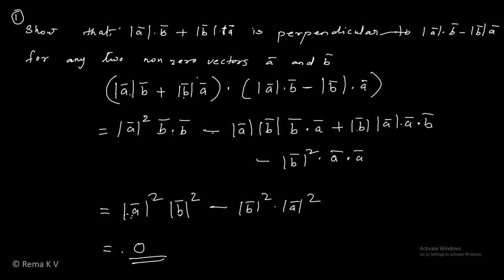Since the dot product is equal to 0, we can say that the given two vectors are perpendicular to each other. Is it clear?